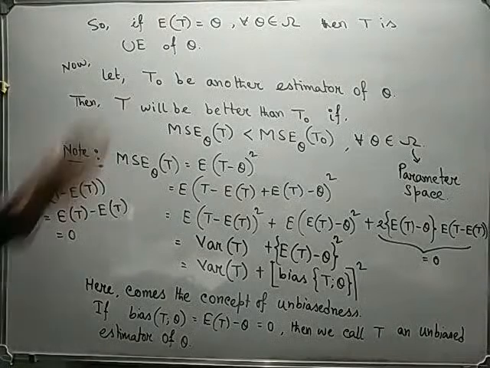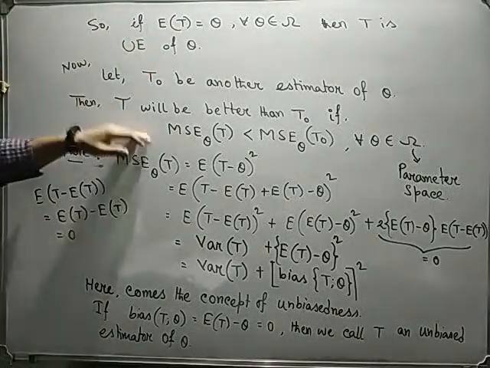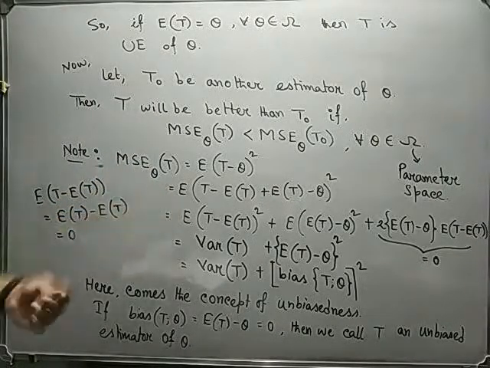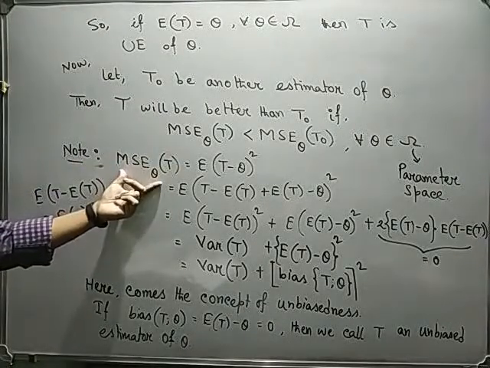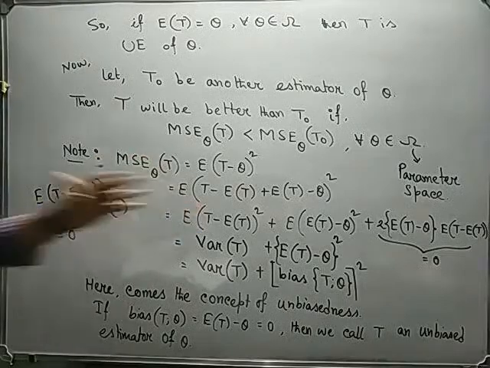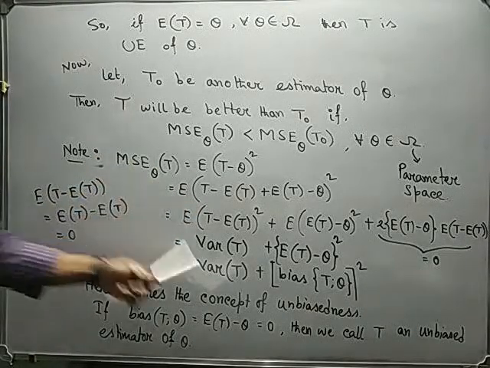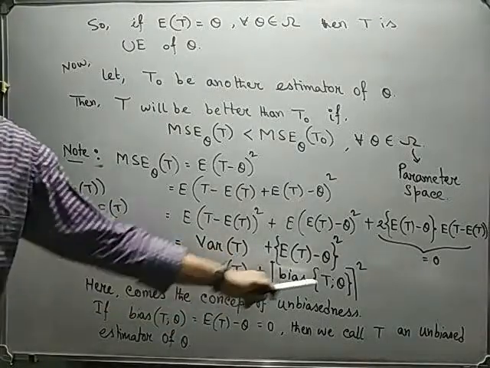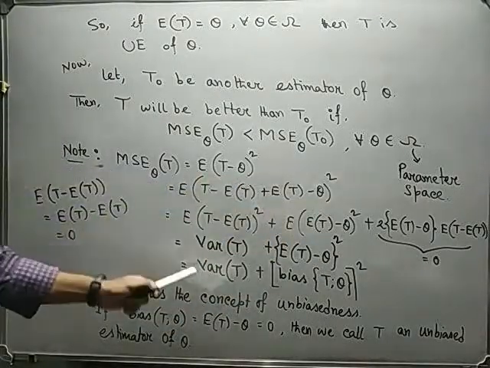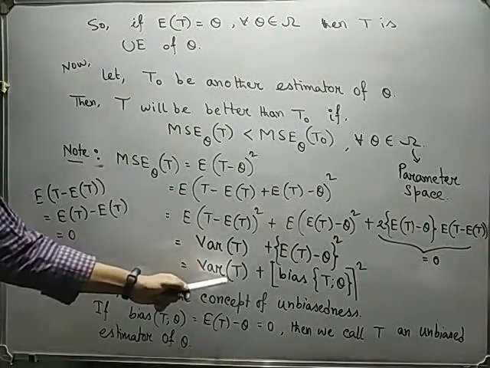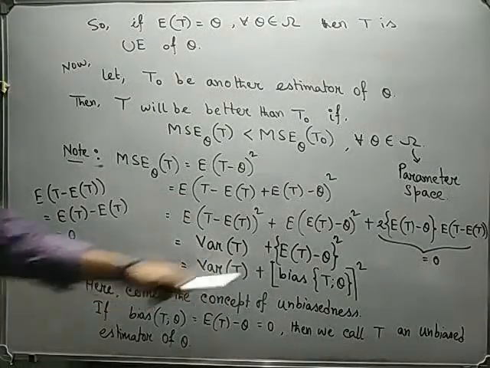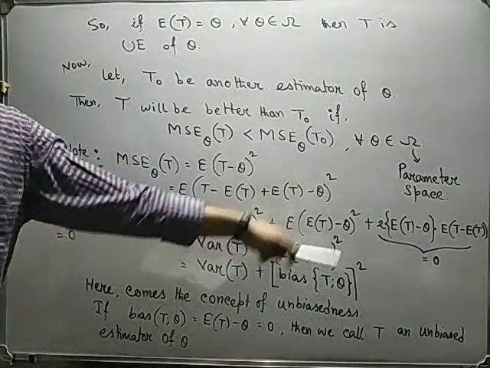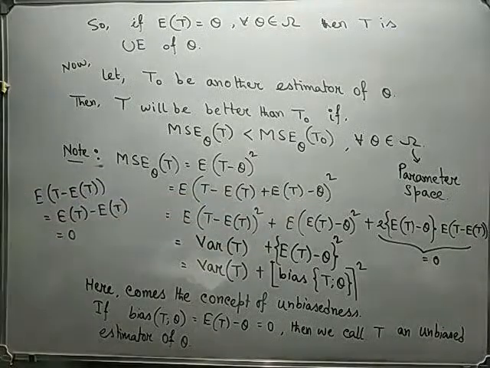Now this is the concept of unbiasedness. We have written a tagline: smaller the MSE, better the estimator. If MSE is small, that estimator will be better than other estimators. MSE can be written as variance of T plus bias of T square. We know that variance of T is always greater than or equal to 0, and bias squared is also always greater than or equal to 0.